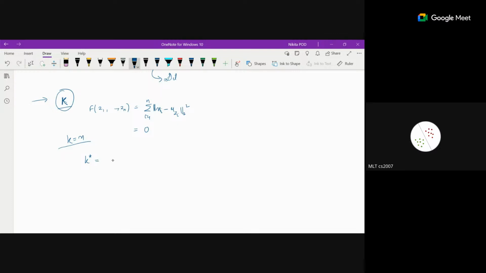K star would be the arg min over k of this objective plus a penalty term that we define.